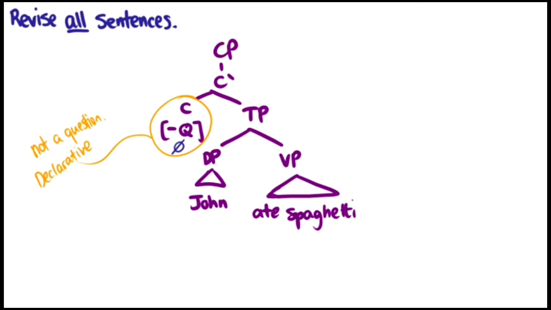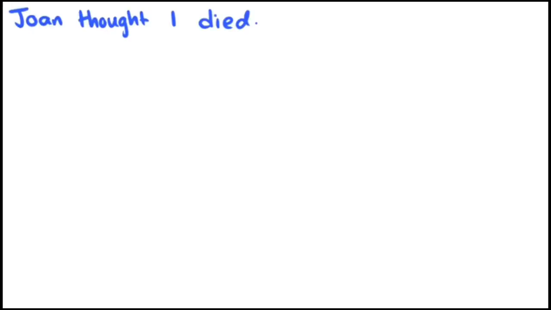And also, it's not always the case that we actually have an overt complement. We don't always have the word that in C. So here's another example: John thought I died. We can say "John thought that I died," but we don't need the that there.